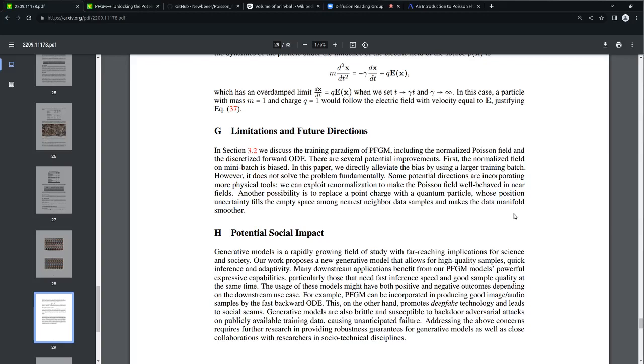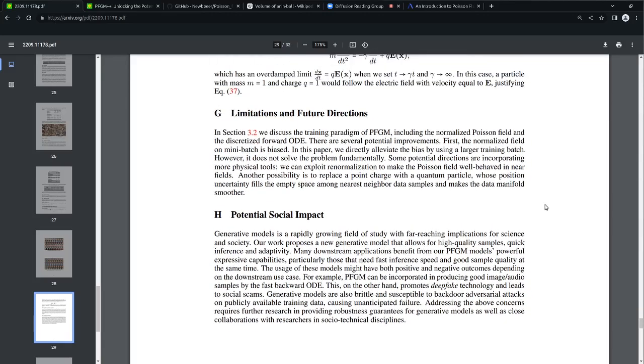I don't think I've read the PFGM++ paper in detail to see if they did that, but presumably these guys are on the case for physics-based, or at least physics-inspired, machine learning. Right. Interesting.